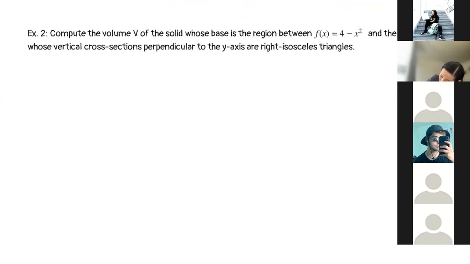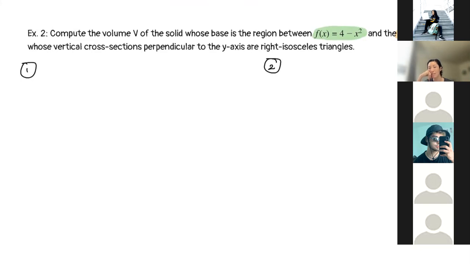Example 2 says, compute the volume of the solid whose base is the region between f of x equals 4 minus x squared and the x-axis. Whose vertical cross sections perpendicular to the y-axis are right isosceles triangles.